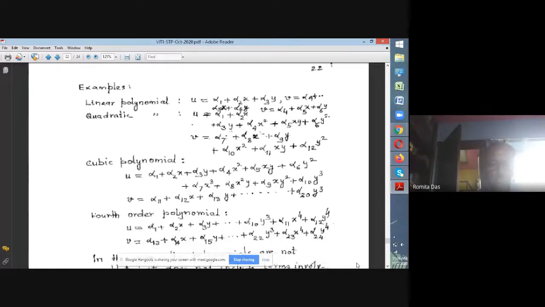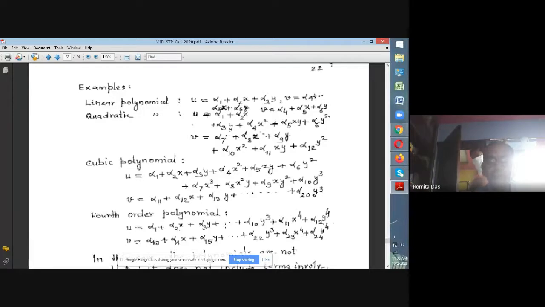If you wanted to make the full cubic polynomial inclusive of all the terms, then you must have 10 generalized coordinates, alpha 1 to alpha 10. It consists of all the terms from the zero order term to the y cube term. Similarly, v is also of the same type. But look at the fourth order polynomial.